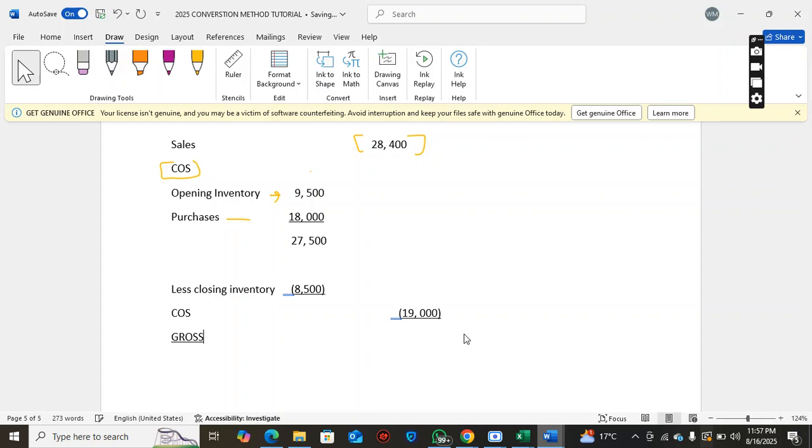Any questions before we get net profit? Do not end on gross profit. Even net profit you need to calculate. So you said 9,400? Okay. All right. Cost of sales.